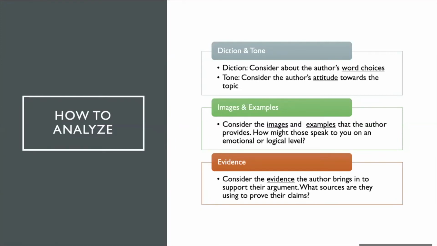The second thing to think about is images and examples. So consider the images and examples that the author provides. How do those speak to you on an emotional or logical level? So, we've all seen those commercials with the little sad animals behind the cages. That speaks to you, I hope, on some sort of emotional level. Every time I see those, I'm ready to go adopt that dog, right?